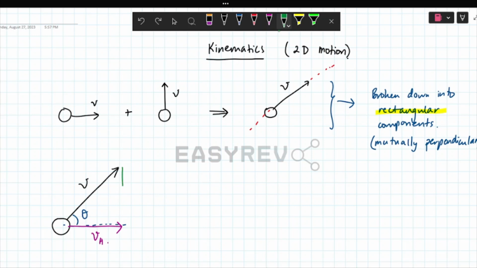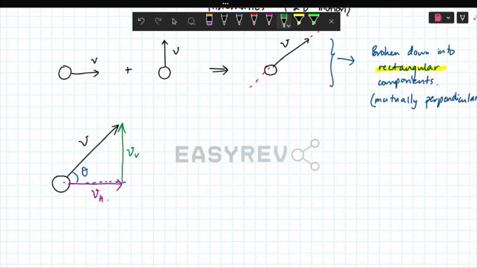So it would be perpendicularly upwards, and we'll call this vv. vh is what we call horizontal velocity, while vv represents vertical velocity.